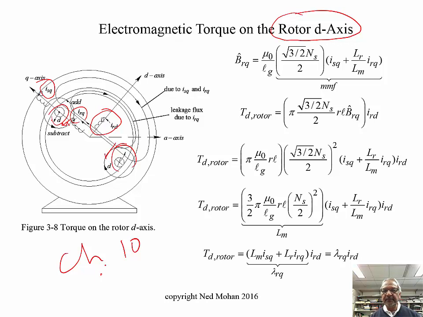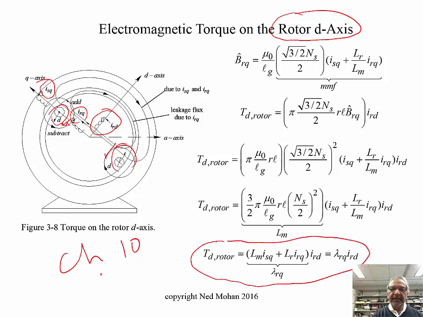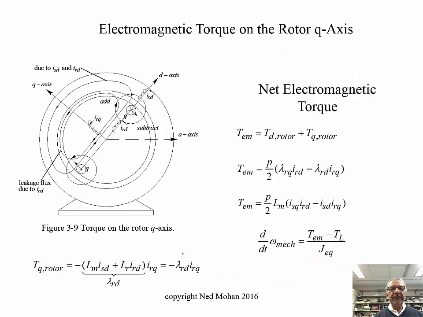That's the only difference. I'll not go through the expression in detail here; you can work that out. The torque being produced on the rotor in a counterclockwise direction is given by this expression here. We can do the same thing for the torque on the rotor q-axis.